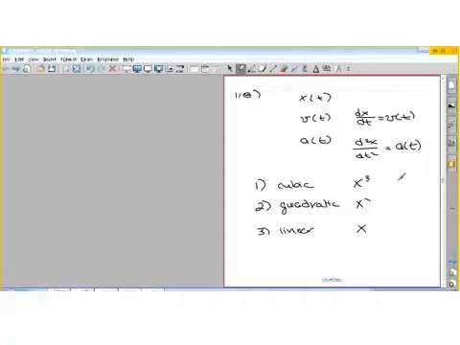And so we know that the derivative of x cubed is going to be equal to 3x squared, and we know the derivative of 3x squared, if we take the second derivative, is going to be 6x. So there's x, and there's x squared, and there's x cubed.